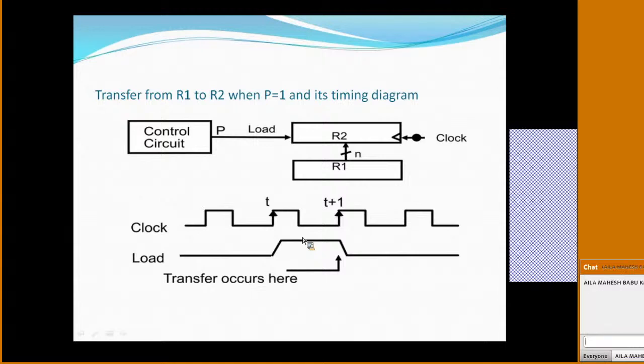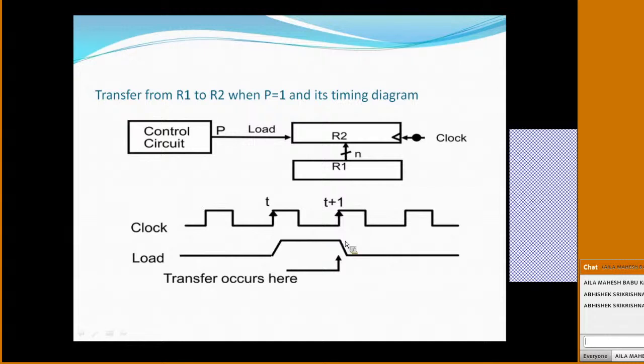Next, in the immediate clock pulse, that is at time t plus 1, this load signal becomes low, and then the transfer will happen. Don't think that the transfer occurs whenever the load input is high.